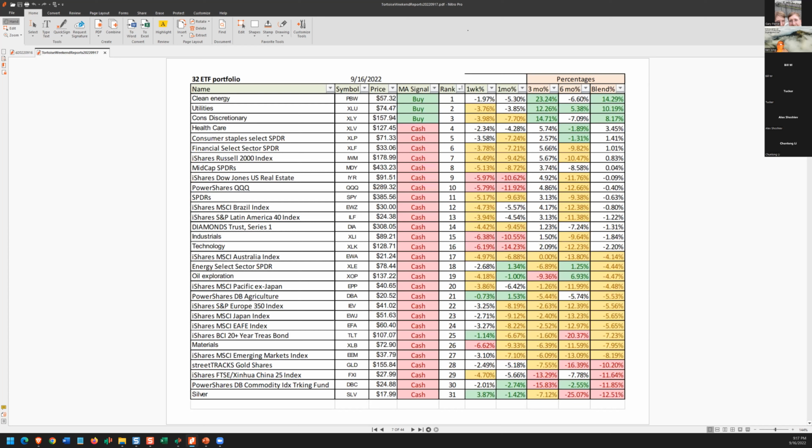ETF 32. In addition now to XL, it adds clean energy. That's also above its 4-month, but that had a bad week also. There was only silver at 3.87 in the green this week. Pretty slim pickings.